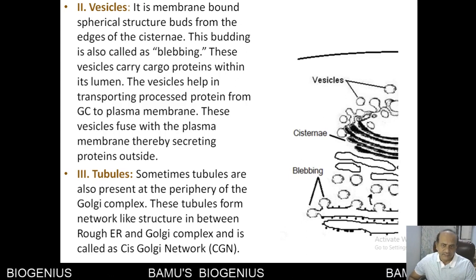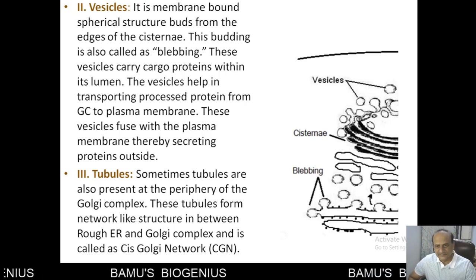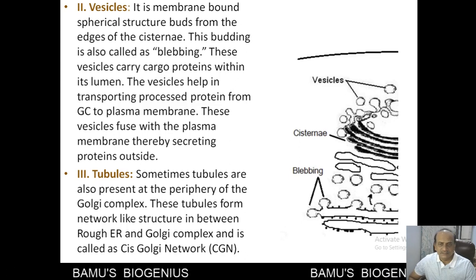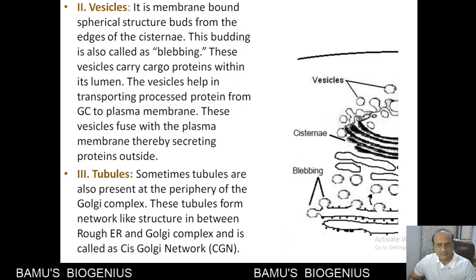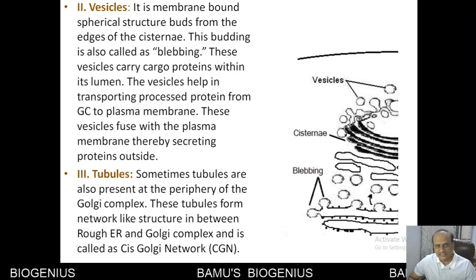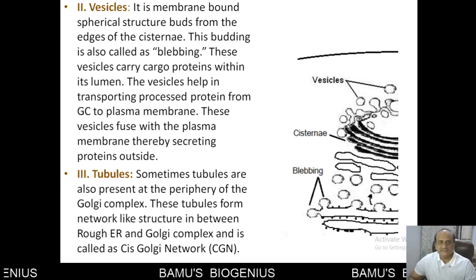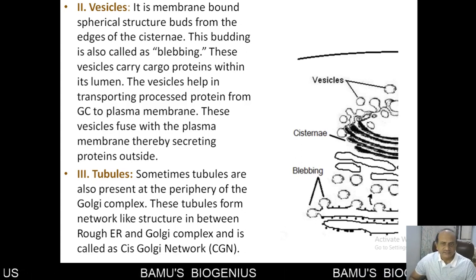So they come out due to blebbing, and these vesicles transport proteins, as I have already said: the cargo proteins are taken to the vesicles, and from vesicles they are taken to the plasma membrane. So these vesicles are spherical structures.